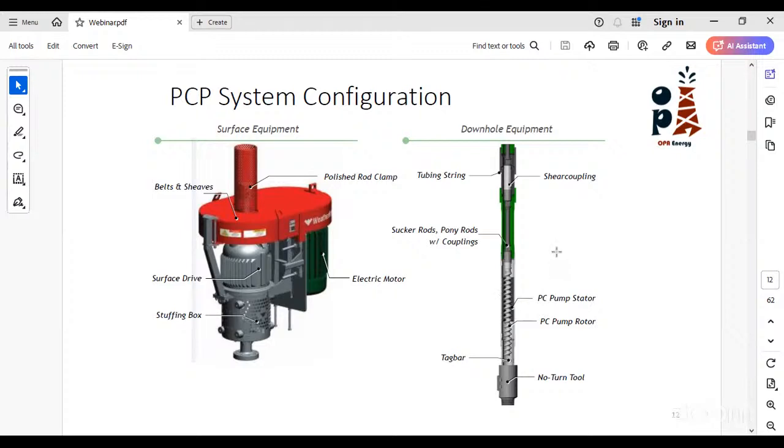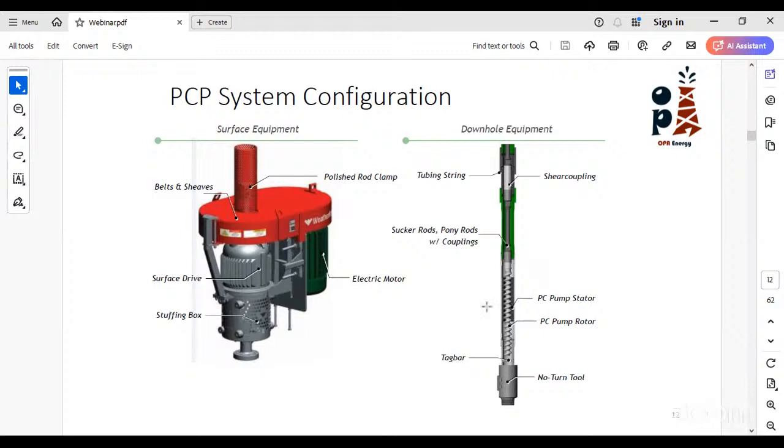So the first thing of the downhole pump is the stator, and this is a non-moving part. The second thing is the rotor, and this is the helical rotor that we have. It has a helical shape, and it is the moving part inside the stator.